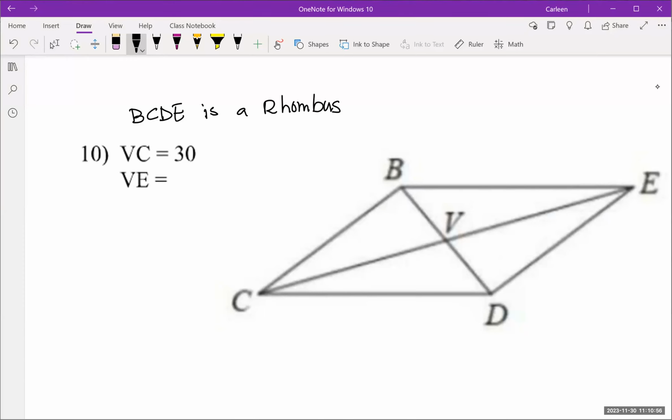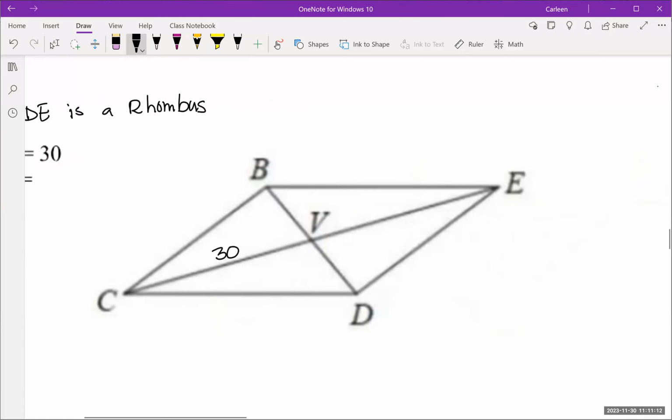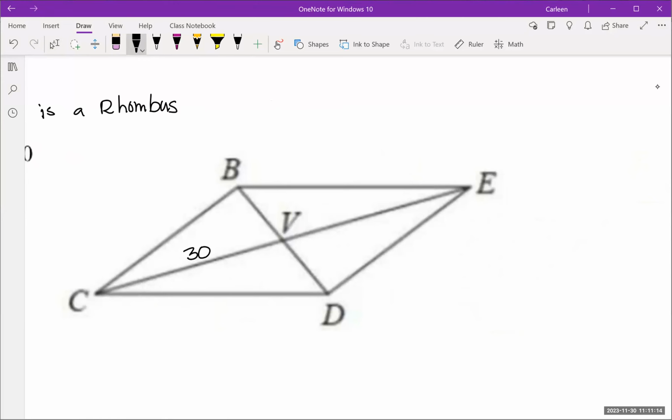And VC is 30. Okay, a rhombus has everything but 90-degree angles. If we were to look at the list of things about a rhombus, we would see that diagonals bisect each other.